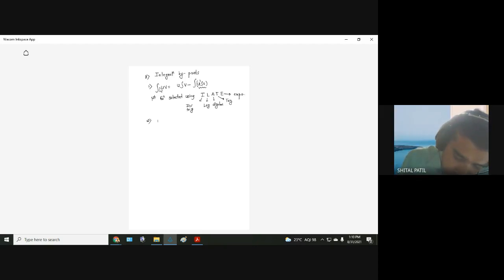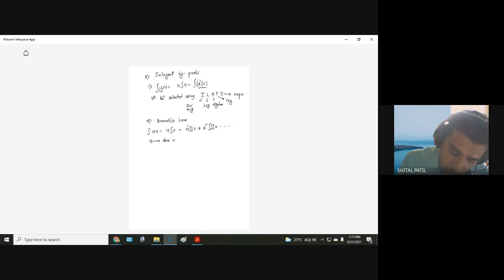Then Bernoulli's law. Yes, what is Bernoulli's law? u as it is, integration of v, minus u dash integration of v twice, plus u double dash integration of v thrice, and so on. Okay. How is the function u to be selected?